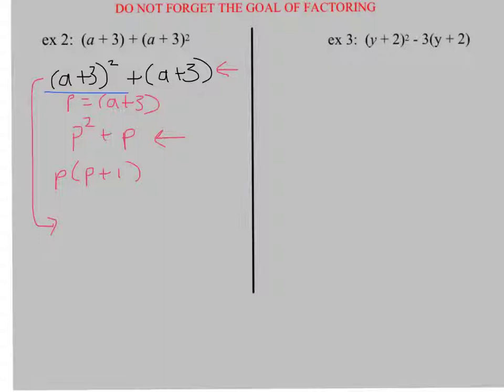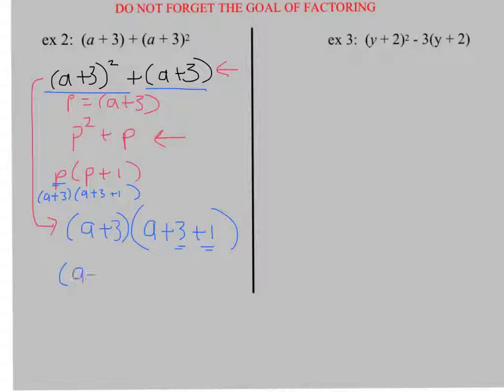These two terms have an a plus 3 in common, so I'm going to factor out an a plus 3, and I'm left with an a plus 3 and a 1. You can replace the p with the a plus 3 and see you get the exact same thing. By collecting like terms in here and simplifying, I get a plus 3 times a plus 4 as my final product. And remember, that's the goal, reaching a product.